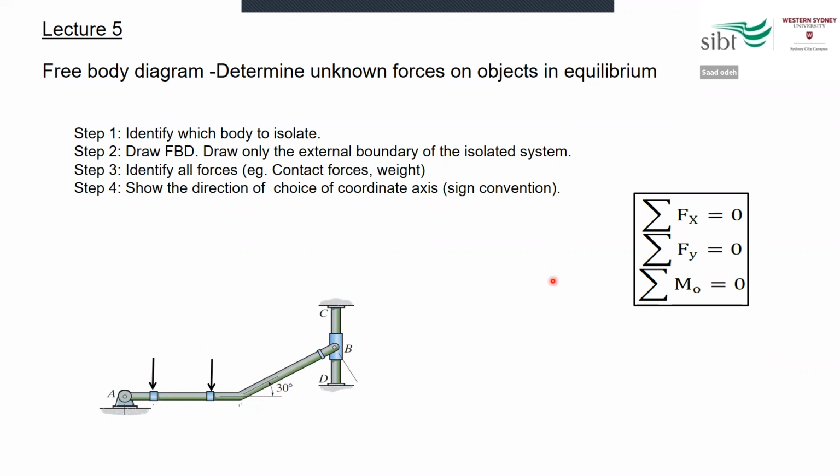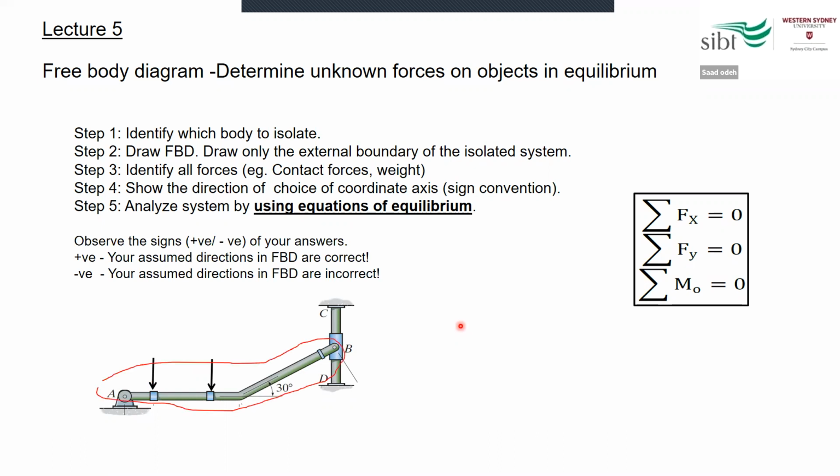We call it sign convention. So then we can start analyzing the system. This is like what we do here. We isolated this bar only, and then I can take this to the side and put all the forces acting on this bar.